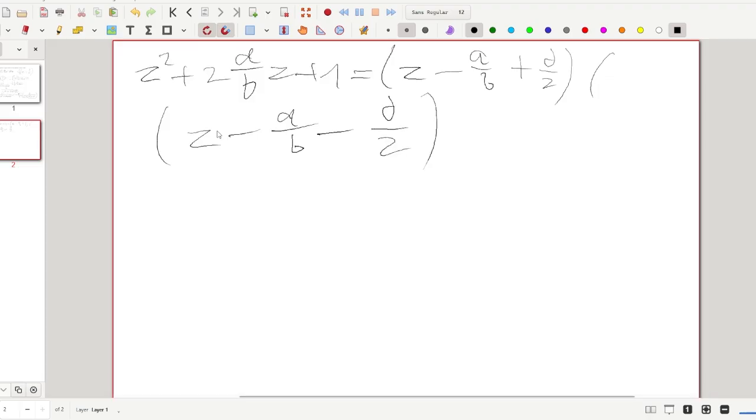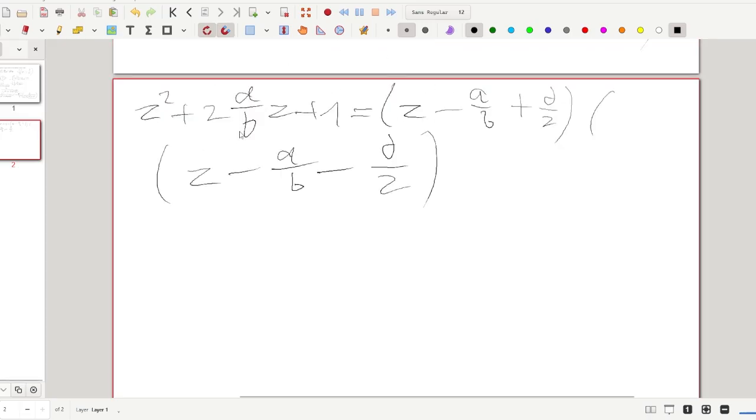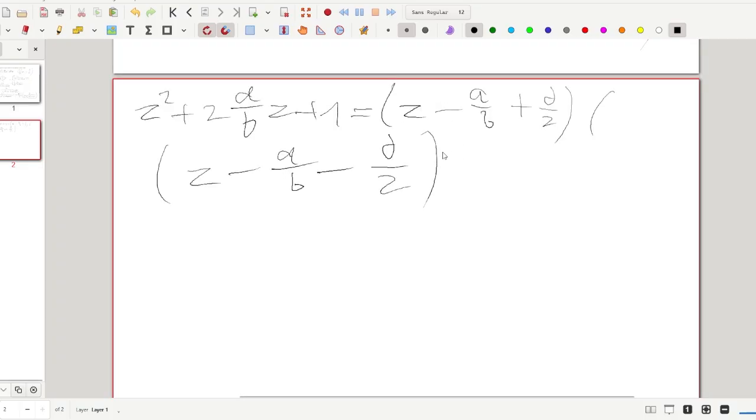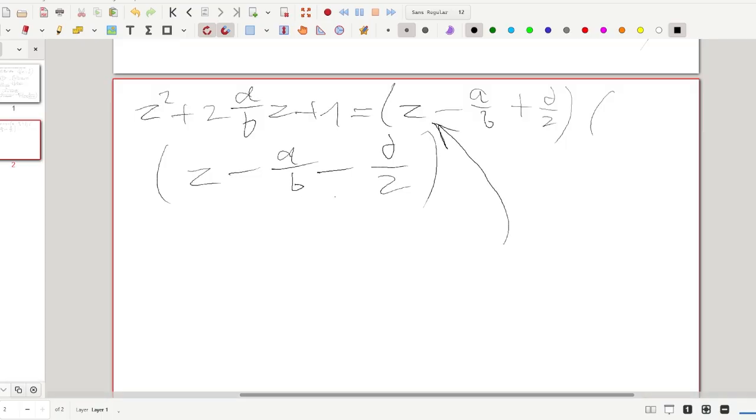And when we compute the residues for those things, it's actually pretty easy to find using this difference of exactly d. When we paste in a over b plus d over 2 here, we get just d. And when we paste a over b minus d over 2 here, we get minus d.